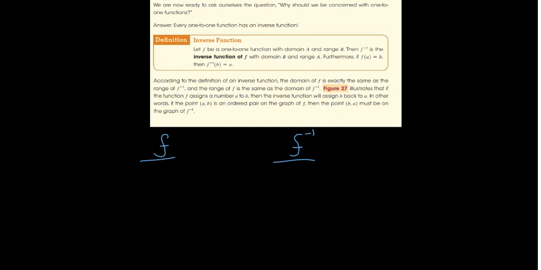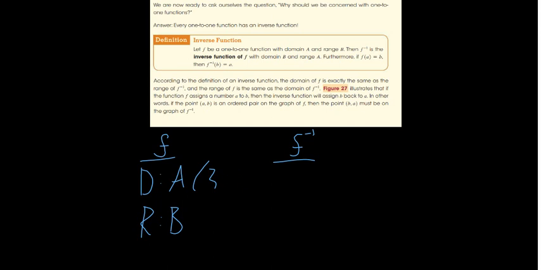Anyways, so f. Okay, let's say the domain. Actually, I don't have to put a sub f. The domain is going to be, we're going to call it A, and the range we're going to call it B. Okay, it doesn't matter what it is. I mean, the domain could be, heck, it could be 3 to 5, right? But we're just going to call it A for right now.